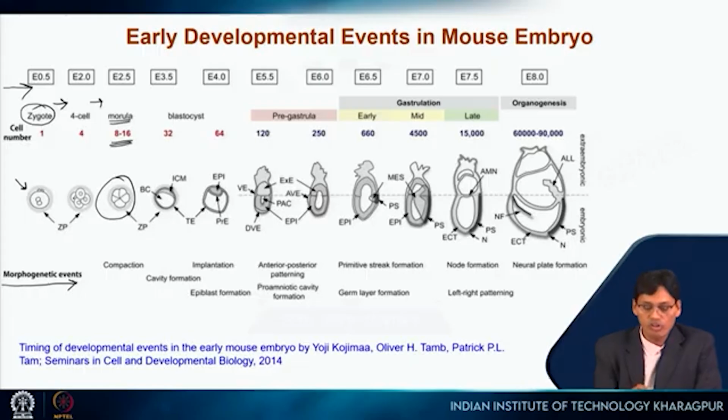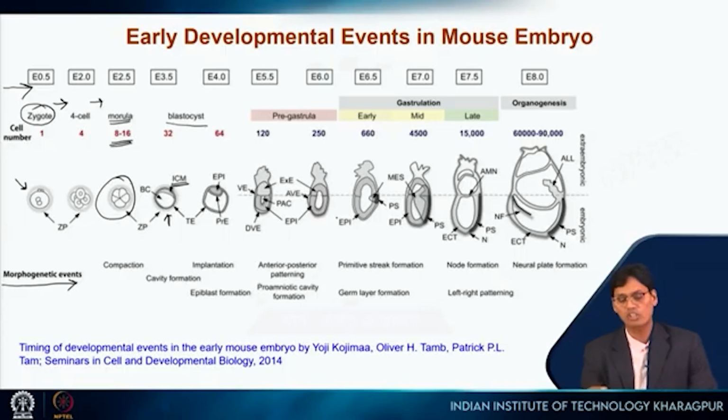Now, if we go further towards the developmental side, then you will find the blastocyst. From this point you can see the inner cell mass, ICM, getting generated, and then slowly a lot of things will be established. For example, since I mentioned the anterior and posterior pattern, at this stage, when we have around 120 to 250 cells, the anterior posterior patterning is happening in case of mouse.